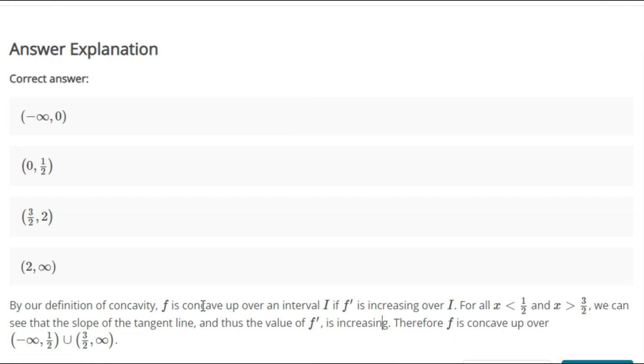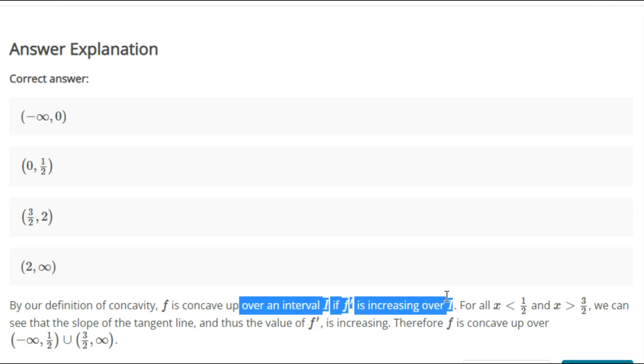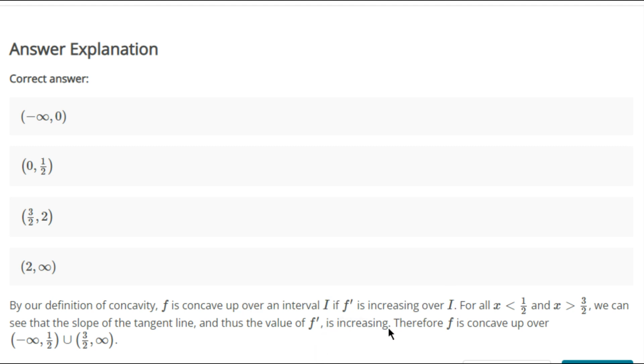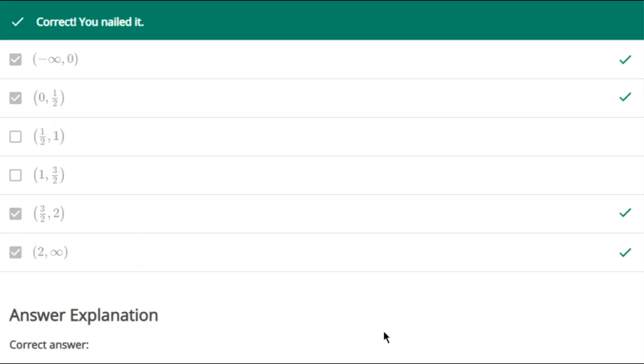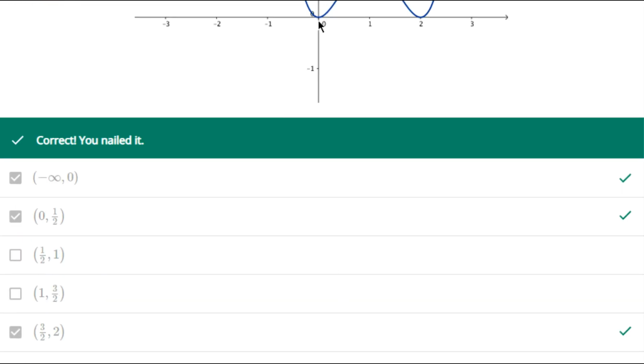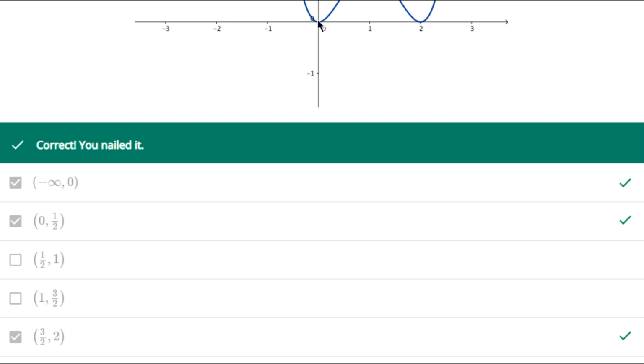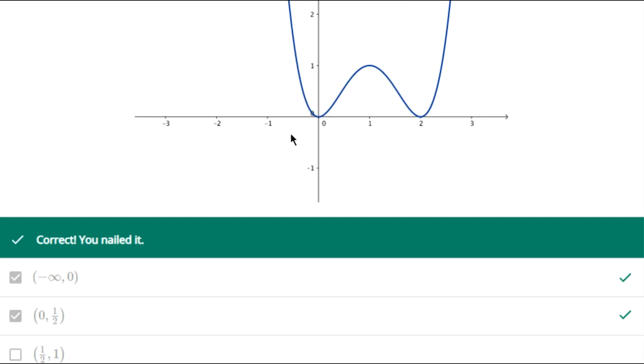And that just illustrates that there's a problem with this strict definition to say that f prime must be increasing on that interval. Well, f prime is not increasing when x is 0. F prime is equal to 0 there.